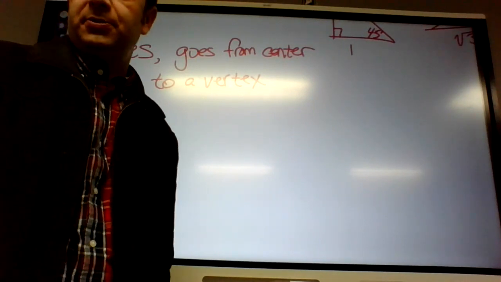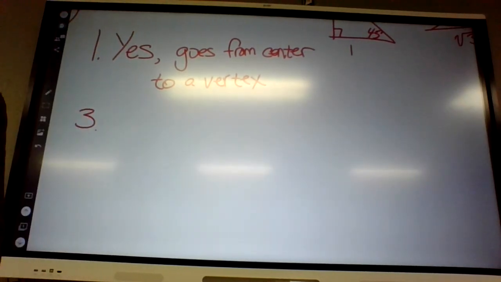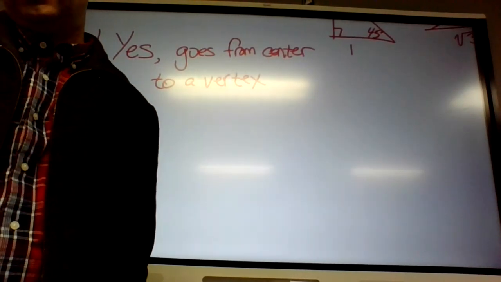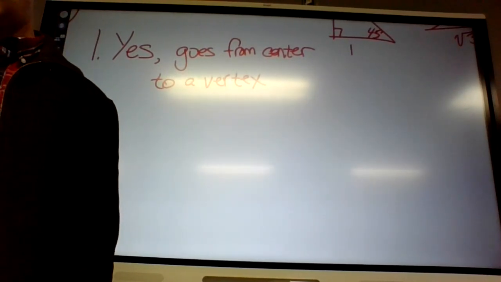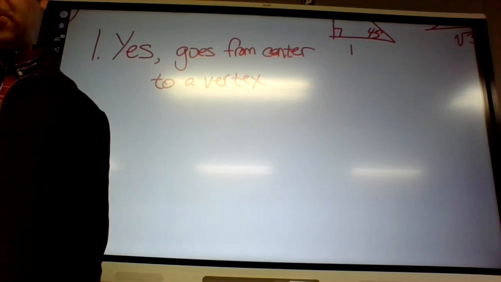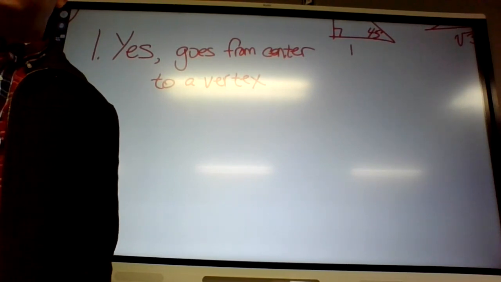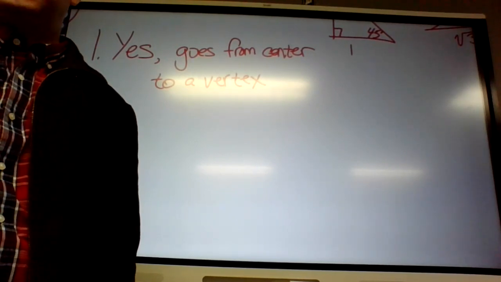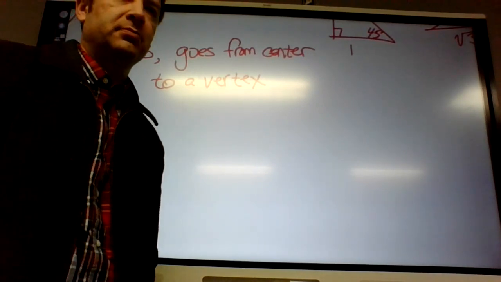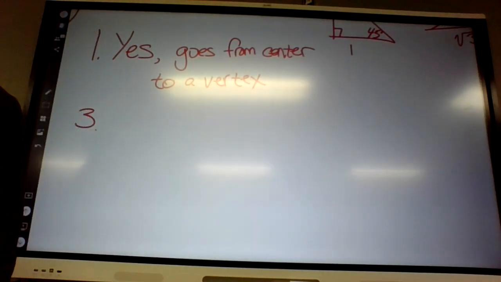Number 3, how many central angles are in that figure? Is it 2? No. 6? No. Oh wait, 3? No. Don't they meet at the middle? Yeah, central angles are the angles in the center. What is the central angle again?